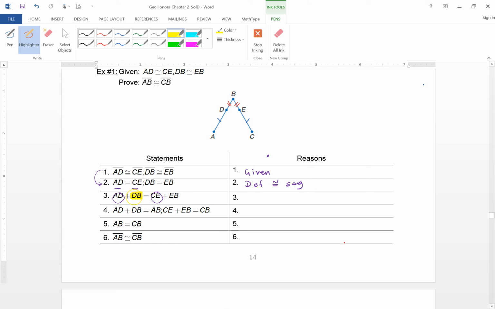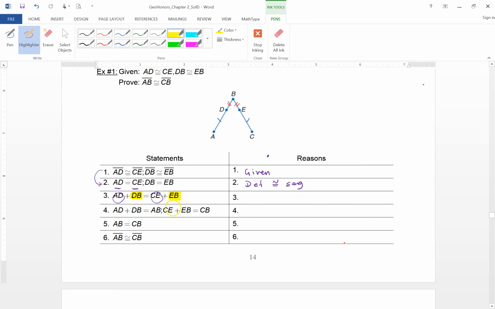DB. What have I added to CE? EB. So compare the amount I've added to AD to the amount I've added to CE. How do the highlighted regions that I've added compare? They're the same, right? Because DB and EB are the same.